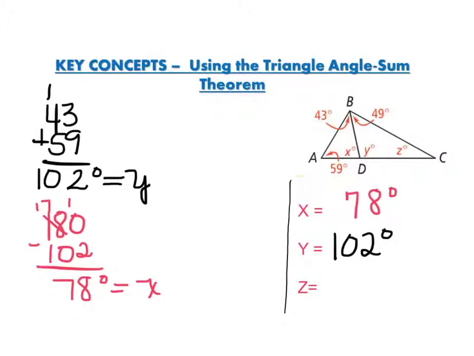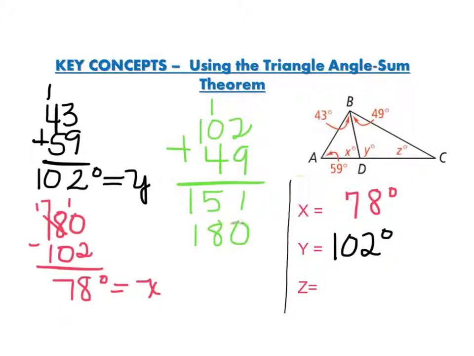All I need now is to find the value of Z. To find the value of Z, I take the value of Y, which is 102, and add 49 degrees, which gives me 151.